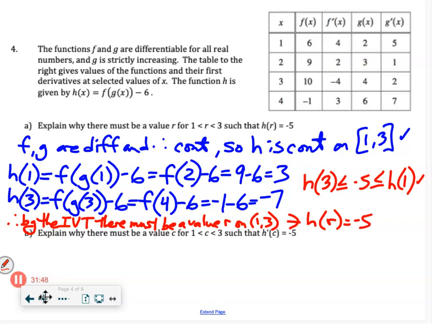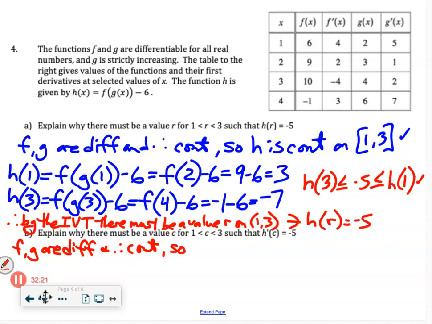All right, MVT actually ends up being easier because you've done a lot of the work for MVT already. So MVT, what are the two conditions for MVT? H of x has to be what and what? Continuous and differentiable, right? So let's see, f and g are differentiable and therefore continuous.